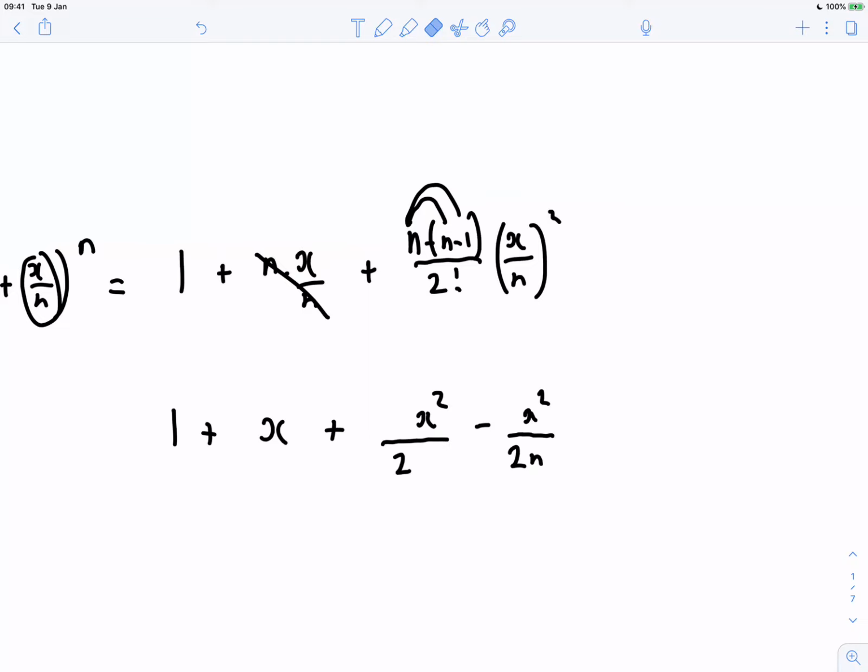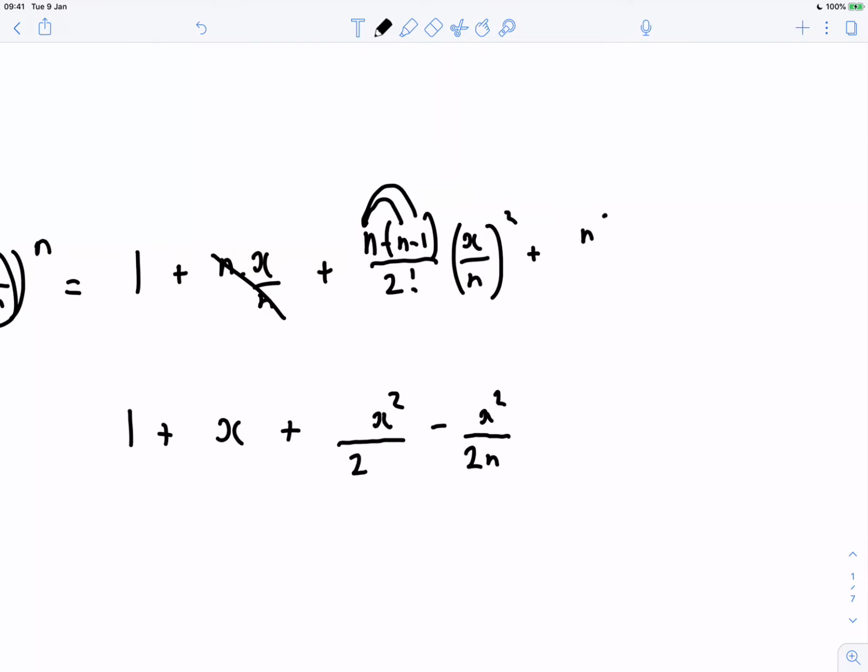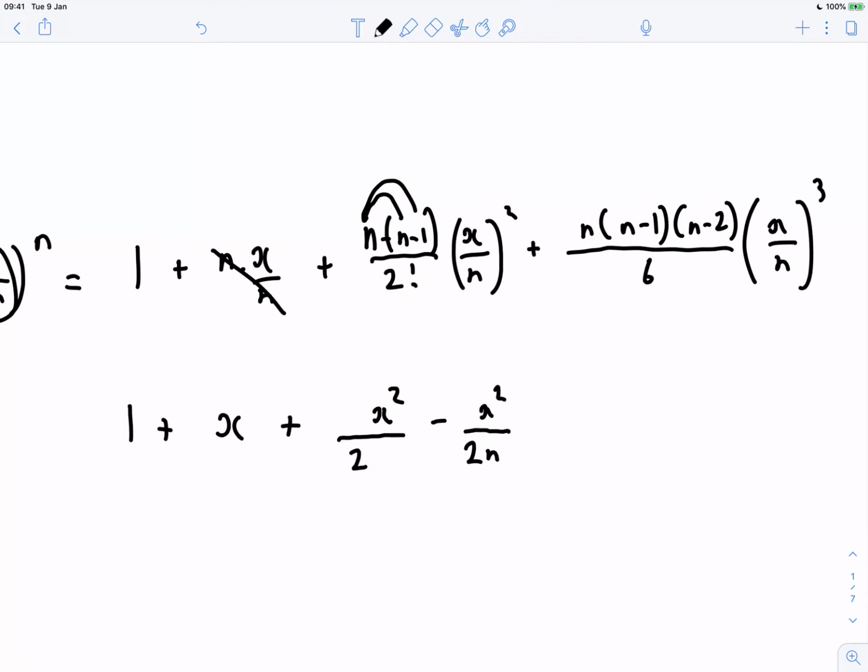Now, the next term, I'll do it, is n times n minus 1 times n minus 2 all over 3 factorial, which is 6, times by x over n all cubed. This thing here is going to expand to n cubed minus 3n squared plus 2n. So the first term with the n cubed is going to be plus n cubed x cubed over 6n cubed.